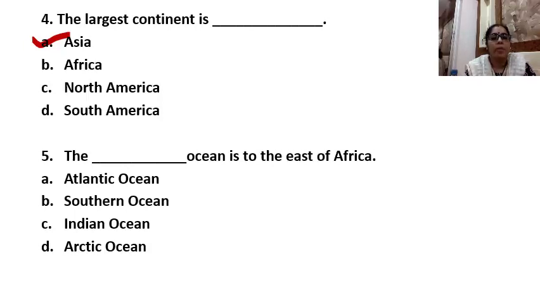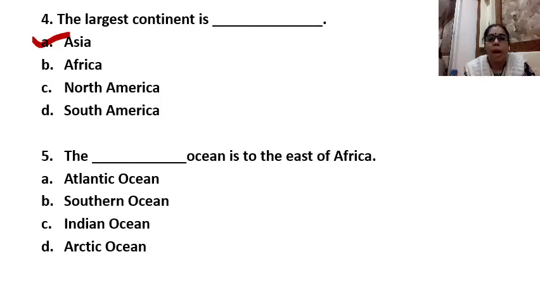Then the fifth one: the dash ocean is to the east of Africa. Atlantic Ocean, Southern Ocean, Indian Ocean, and Arctic Ocean. Yes, children, you have to think.